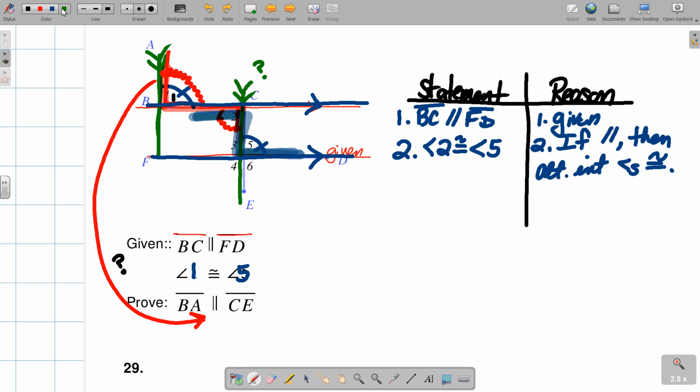Now, let's look at what else we have. Remember, we're trying to connect 1 and 2 as congruent. And look, I already have my 2. So let's see what else I can do with it. I know that 1 and 5 are also congruent.